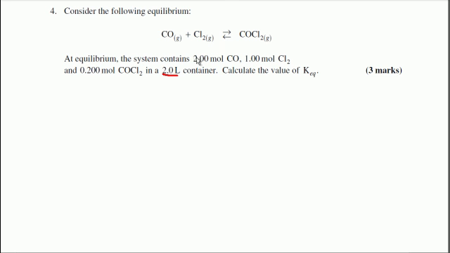So in other words, the molarity of this, since it's just 2 sig figs, is 1.0 molarity of CO. Cl2 right here is going to be divided by 2, so it's going to be 0.50, and this one right here is going to be 0.10 molarity.